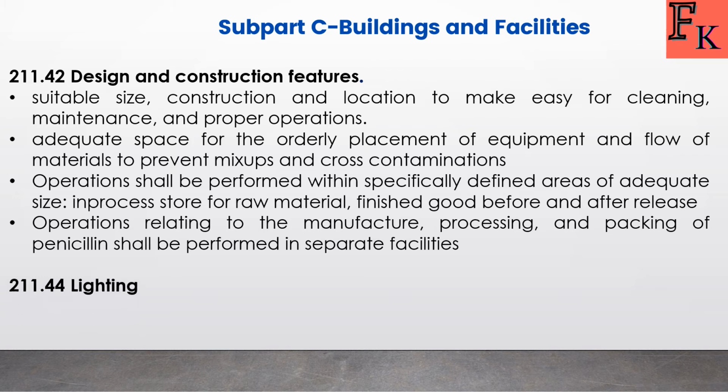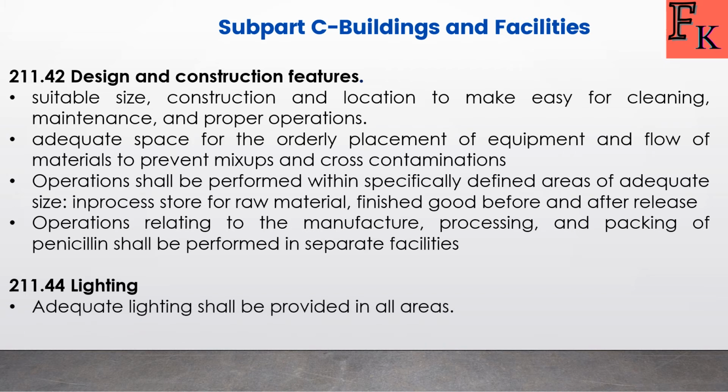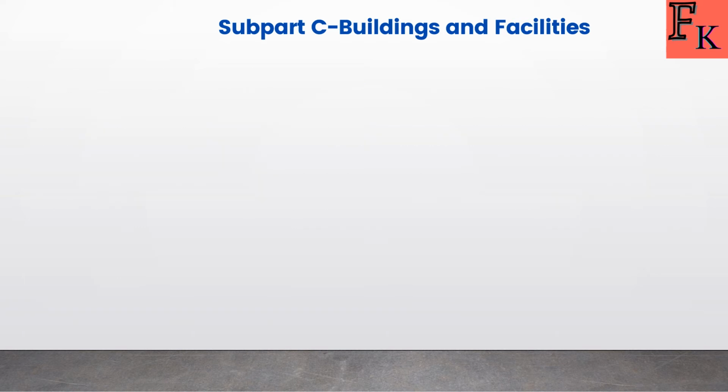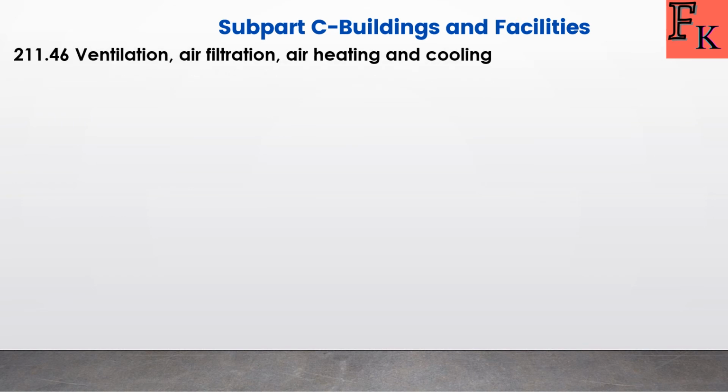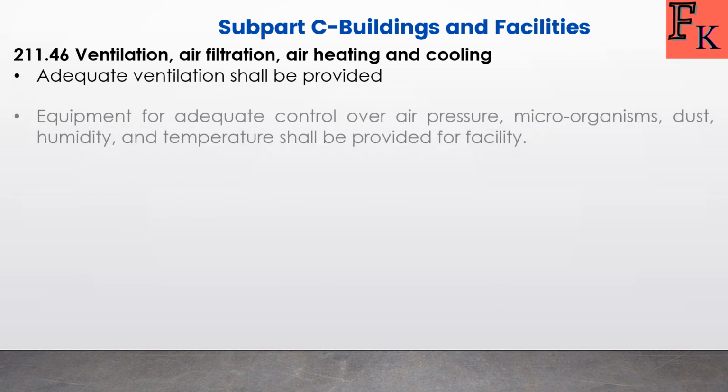Next section is 211.44 related to lighting. Adequate lighting shall be provided in all areas. Next section is 211.46 ventilation, air filtration, air heating and cooling. Adequate ventilation shall be provided.